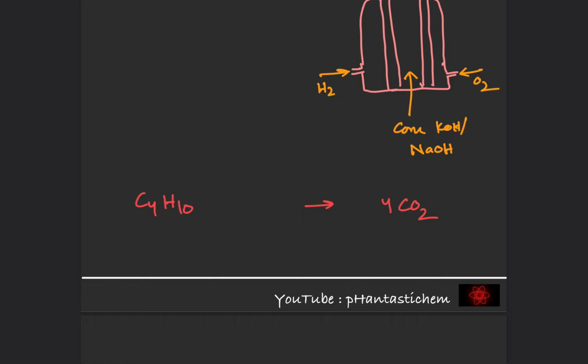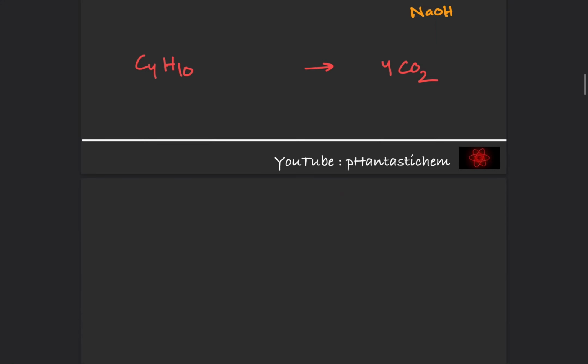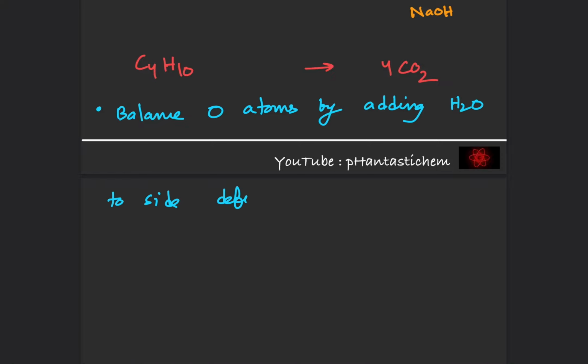Okay, so after balancing atoms other than H and O, that is carbon is balanced, you can see 4 carbon, 4 carbon. First balance O atoms by adding H2O molecules to the side deficient in O atoms. Here the side which is deficient in O is the LHS.